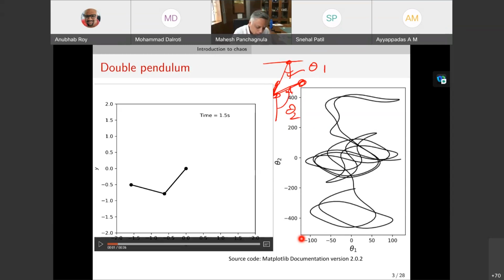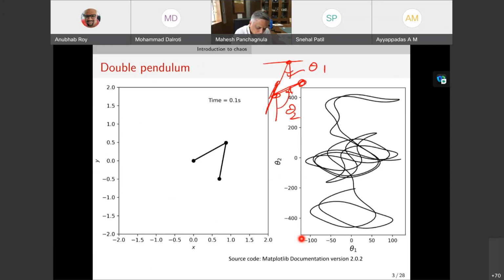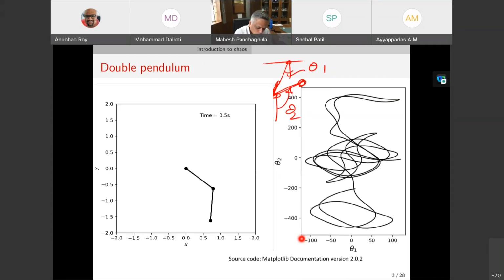So we start with a certain initial condition, and you'll see the behavior of that double pendulum. On the left hand pane, you're seeing the actual mechanics of the double pendulum, the motion of the double pendulum, so to say. And on the right hand side, you see the same motion represented in the form of what is called a phase portrait.